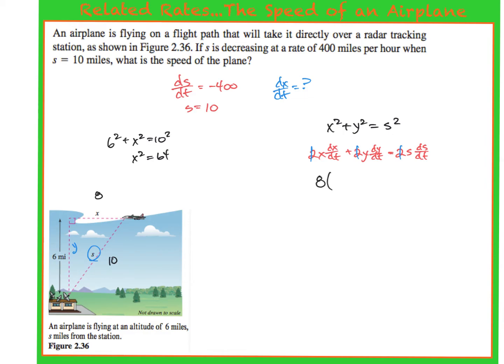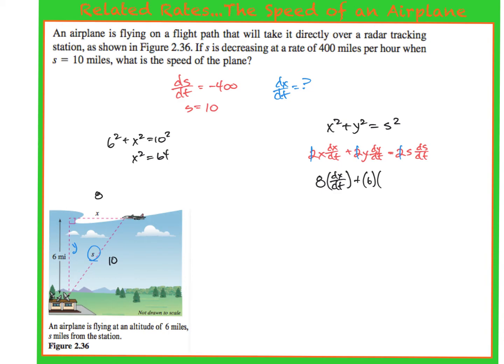And then, do I know my dx dt? No, that's what I'm solving for. So it's dx dt. Plus, what's my y? 6. What is my dy dt? They did give it to us. No, that's my y. What is my dy dt?